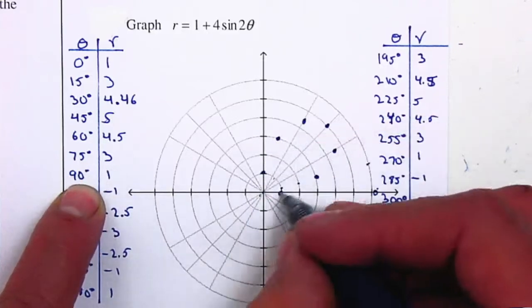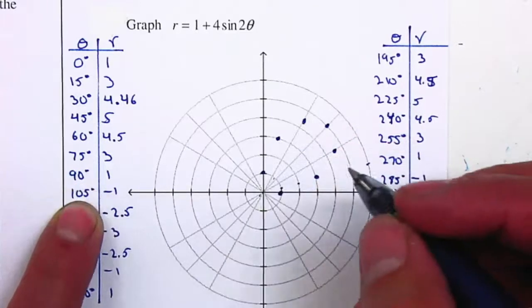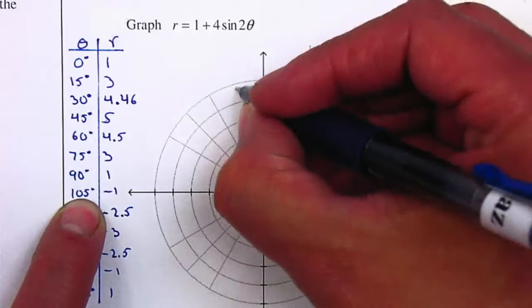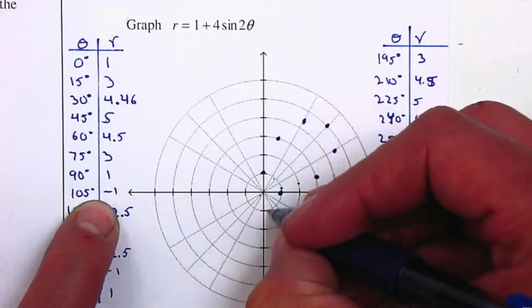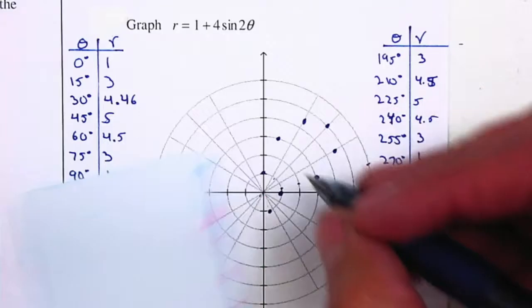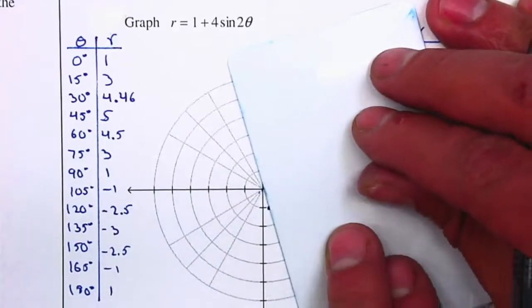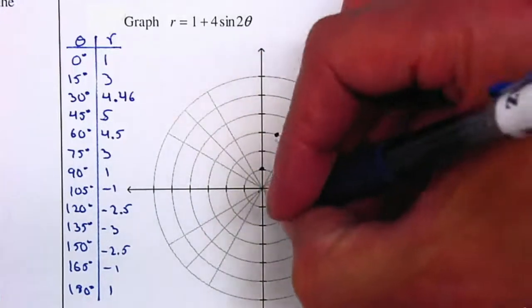So notice I start getting your leaves or your petals. Once you get to 105 degrees, which is your halfway mark, instead of going positive 1, it sends you back to negative 1 on the same line.